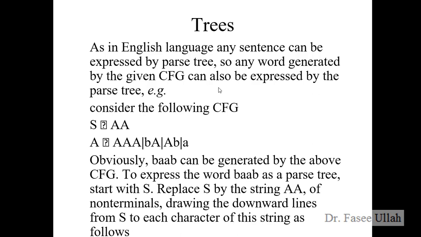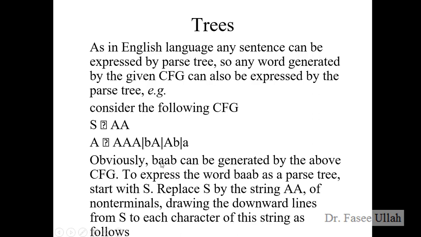So with the parse tree technique, any word generated by the given context-free grammar can also be expressed by a parse tree. Like we have an example: S = aAa | bAb | a, with A a concatenation of b, a, b and a. Here b a b can be generated by the above context-free grammar.